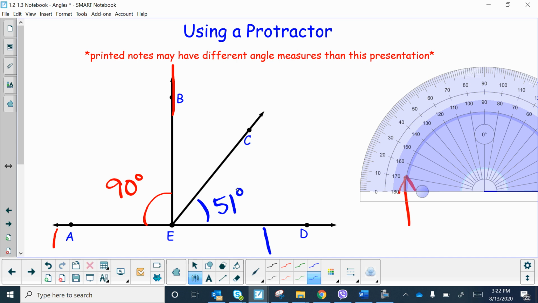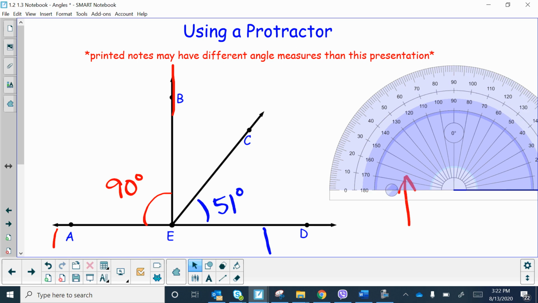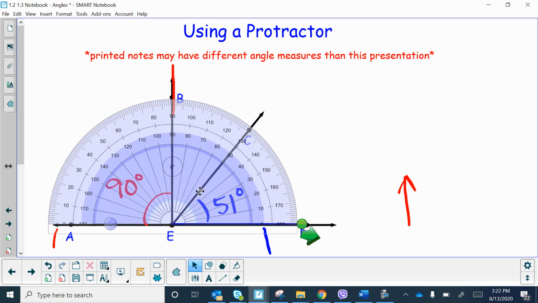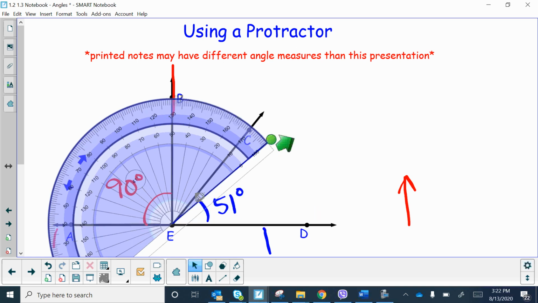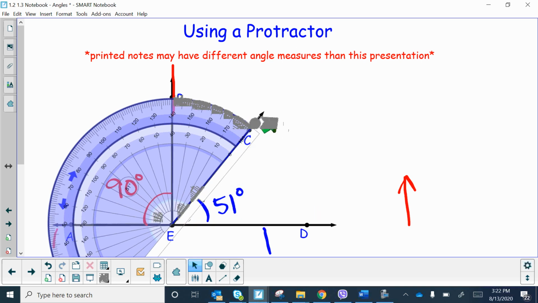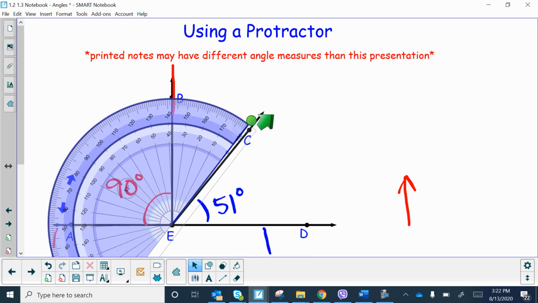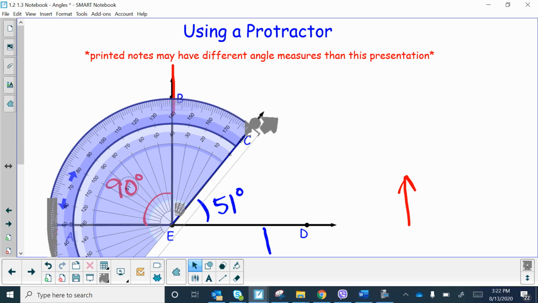There's one more angle to measure. I know you can probably add and subtract from 90 or 180, but what I want you to do is practice using the protractor. Remember, we have to put one of the rays on the 0, so you turn it this way or that way so that one of the rays starts at 0. It doesn't matter which one you do.